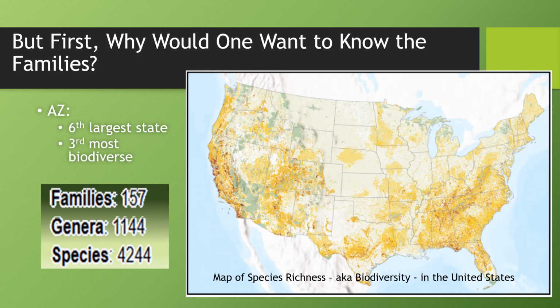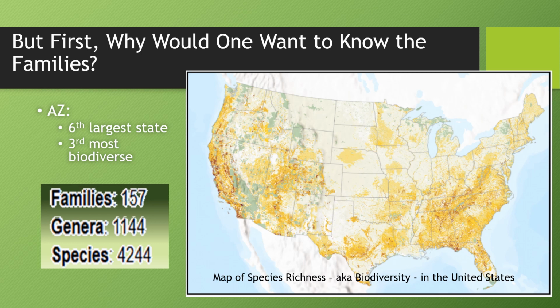So first, why would we want to be learning about the families? I think simplicity is the main reason. It's much more within our grasp. If you look at this map of species richness across the United States, it becomes really clear how complex Arizona appears.